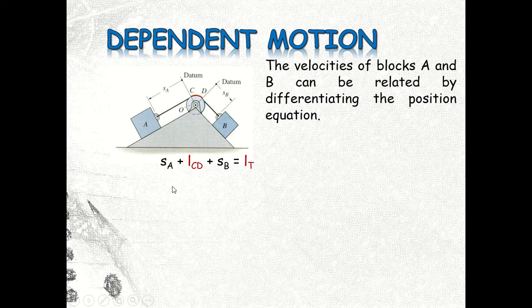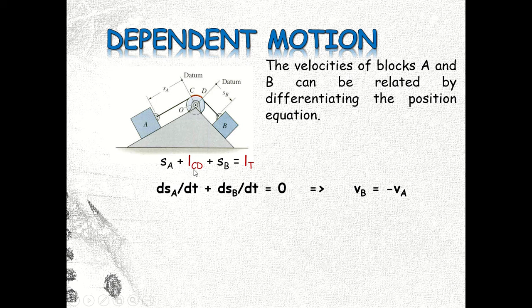So after differentiation, we get the derivative of position coordinate SA with respect to time, plus the derivative of the position coordinate of block B with respect to time, equal to 0.